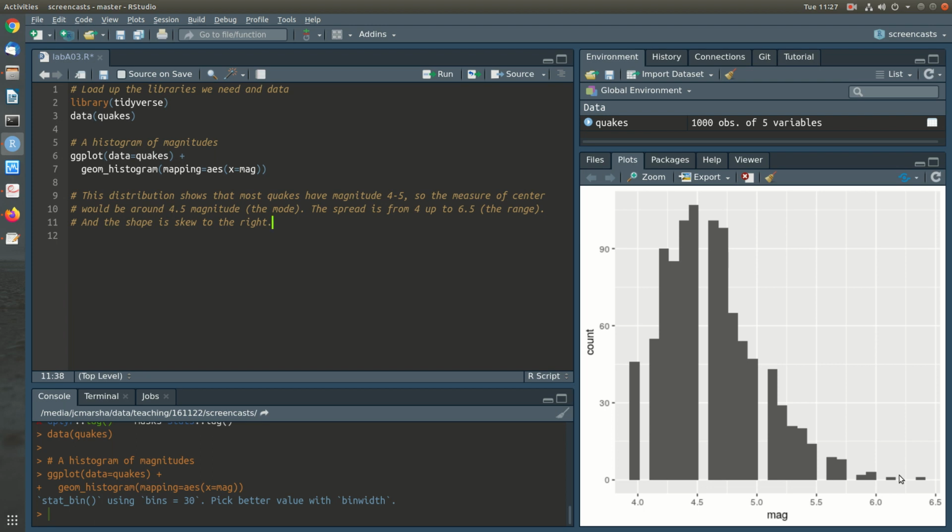Most data ends up being skewed to the right, and the extreme values tend to be larger rather than smaller. Okay.